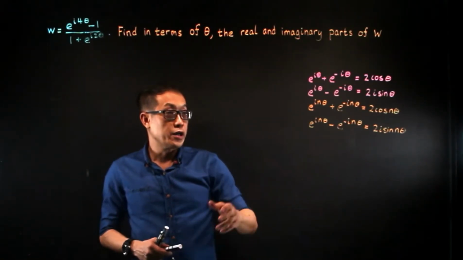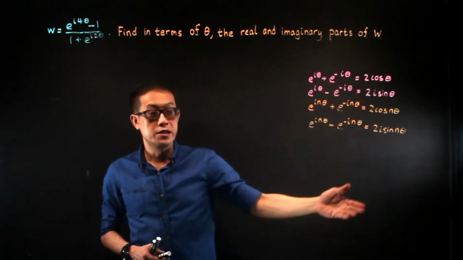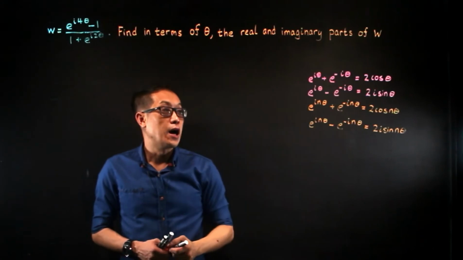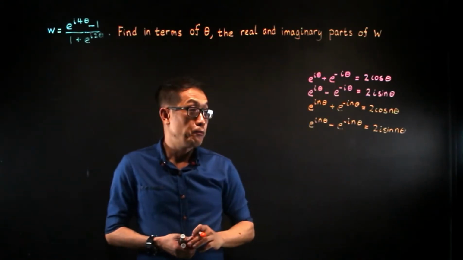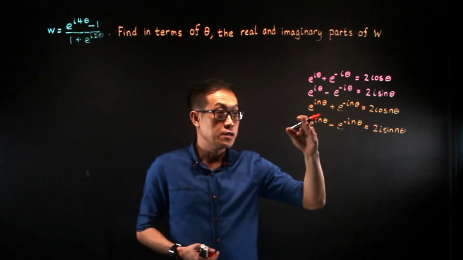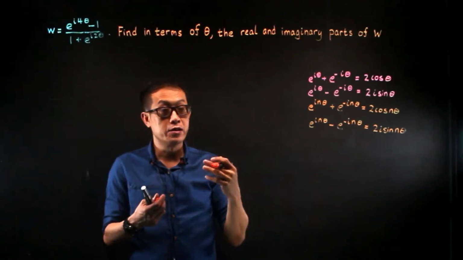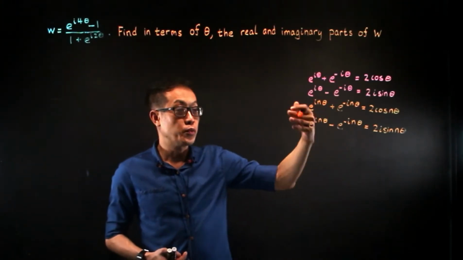Now you can use De Moivre's theorem to prove these four identities. For today, I will just show you formula number 3, but you can try out the rest on your own.